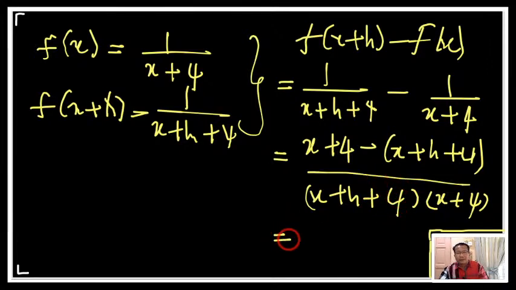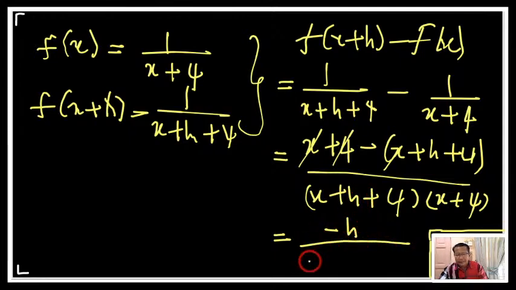And this one is equal to minus h, since x minus x, 4 minus 4 cancel. You must be able to cancel as usual. If you cannot cancel, it means that you made a mistake. This one you copy: x plus h plus 4, x plus 4.